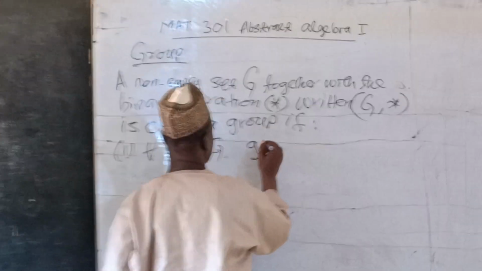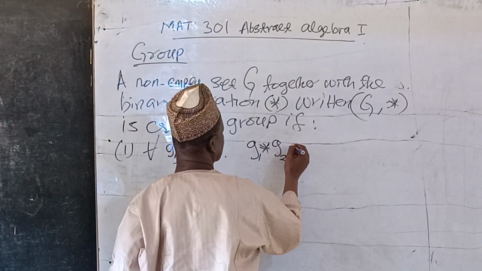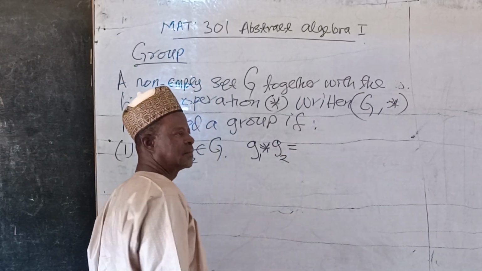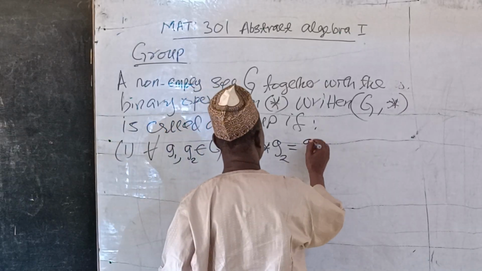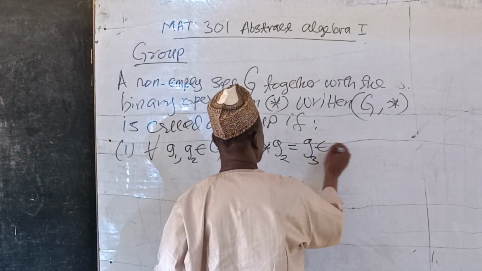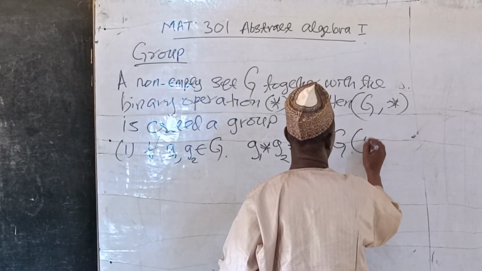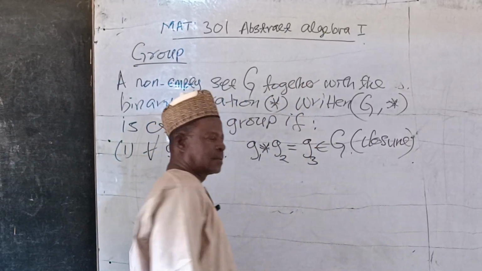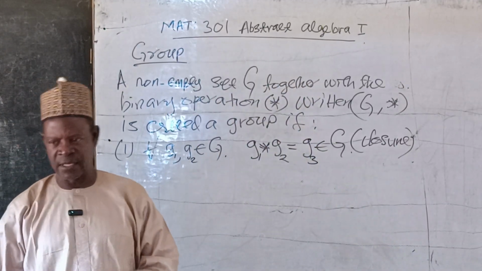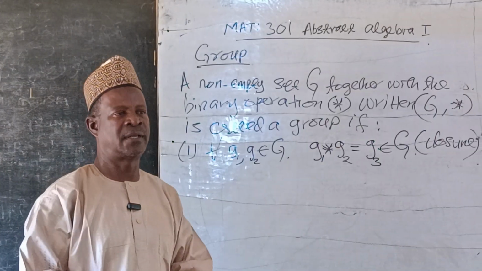G1 star G2 is going to give you what? It's going to produce another element, maybe G3. But G3 will also be in G. And this is called closure. What it means is that every group is closed under a particular binary operation.